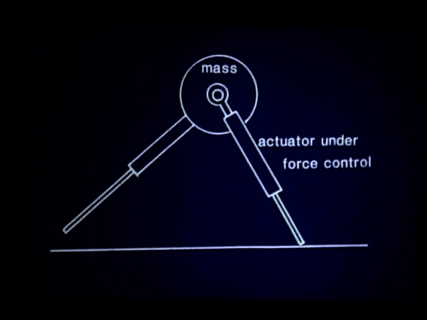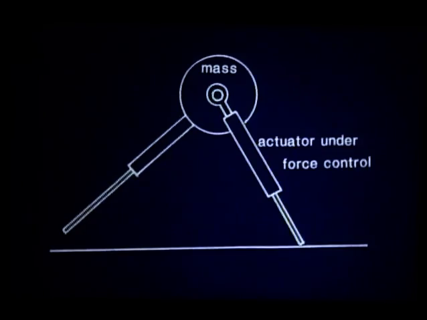Here is a simple model of walking. A mass walking along on legs. We won't bother to give the legs knees. We'll just give them a sort of hydraulic actuator so that they can get longer or shorter if necessary in the course of the stride.